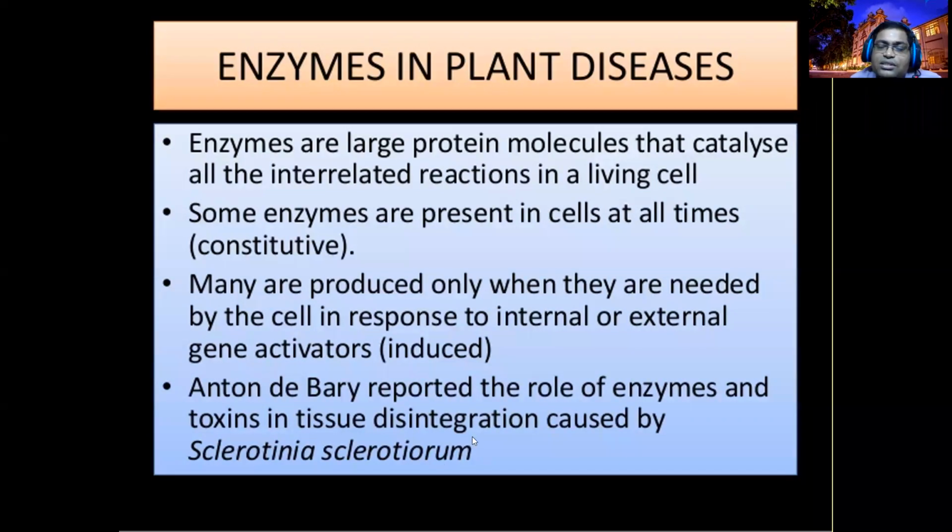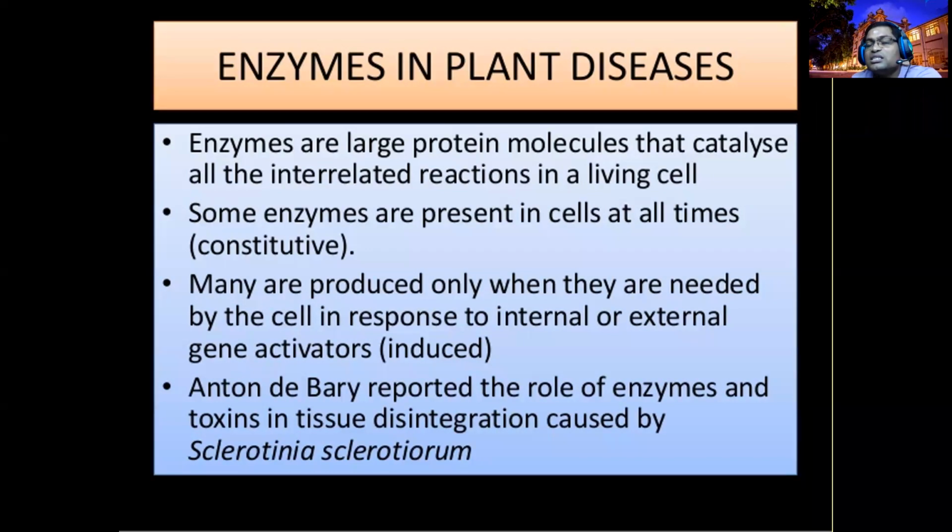These cellulases can work on the collar region of the plant. If they work on the collar region, that area will be disintegrated. That's how your plant will rot in that collar region. We call that collar rot.